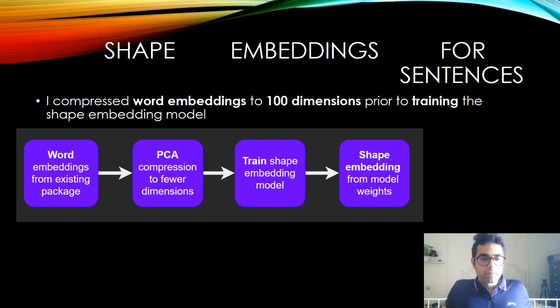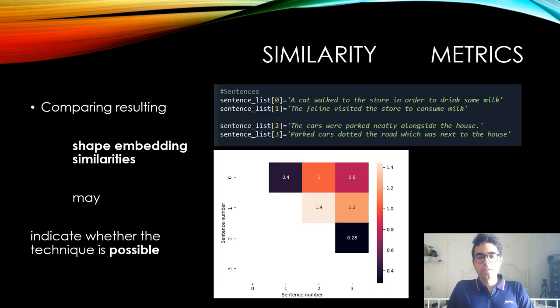I may then have trained a shape embedding model. I may then have considered the weights in one of the layers of the shape embedding model as possibly being the shape embeddings.